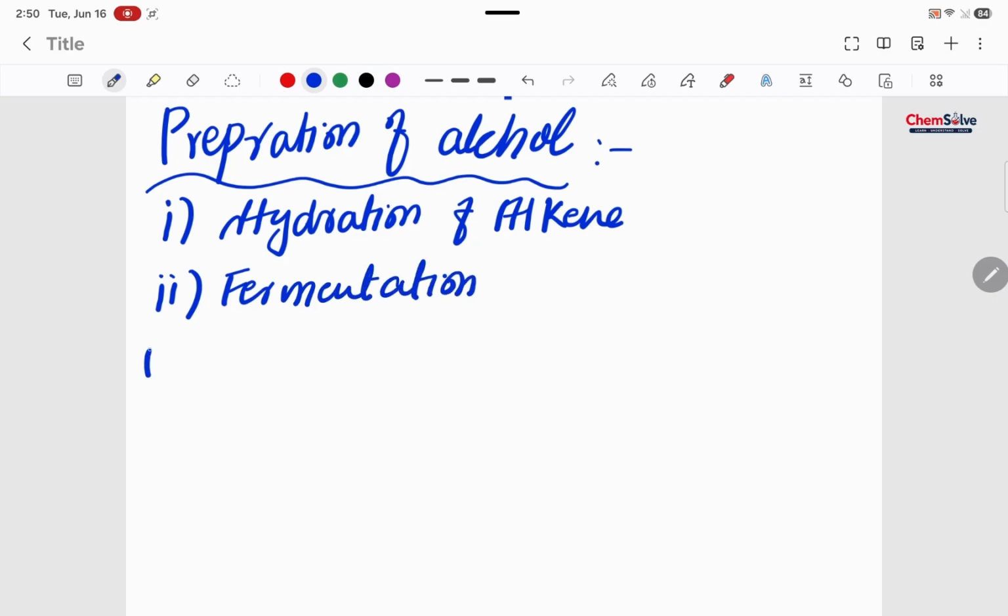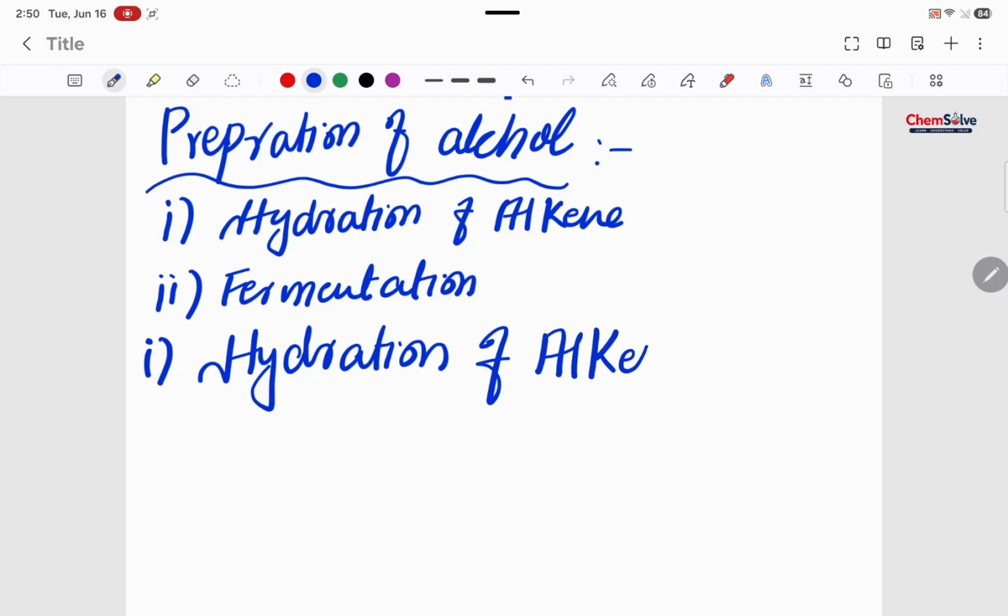So let's discuss both of these methods one by one. The first method is hydration of alkenes. Okay. So what we have to do for the hydration of alkene? We will take any of the alkene, like literally any of the alkene, and we will add steam in it.